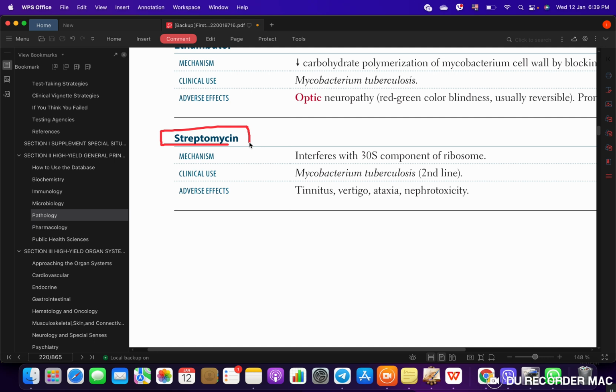Which other drug works on the 30S? Tetracycline, absolutely. So they interfere with the 30S subunit, and the clinical use: they are used for Mycobacterium tuberculosis as a second-line agent. We never use them as a first line.